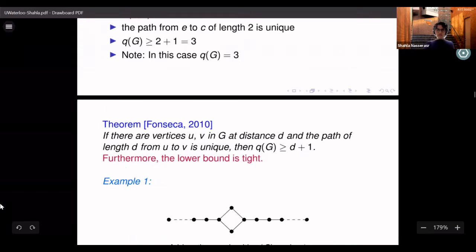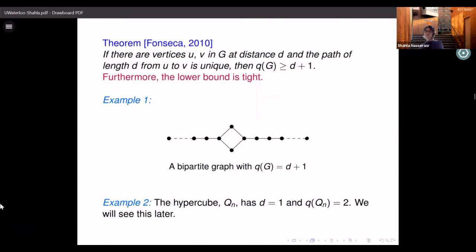So that's an example. Now, a question that we might ask ourselves is, is that bound sharp? And the answer is yes. In this graph, for example, it's a C4 with 2 paths hanging from opposite, non-adjacent vertices. If the longer path from the pendant vertex to the middle of C4 has a length d, then that's a unique shortest path, and we can show that Q of this graph is exactly d plus 1.